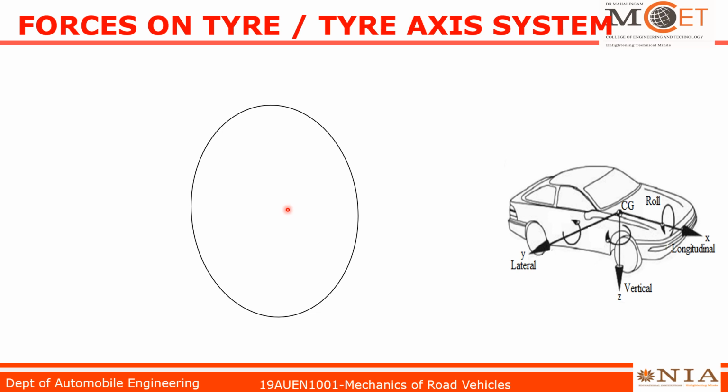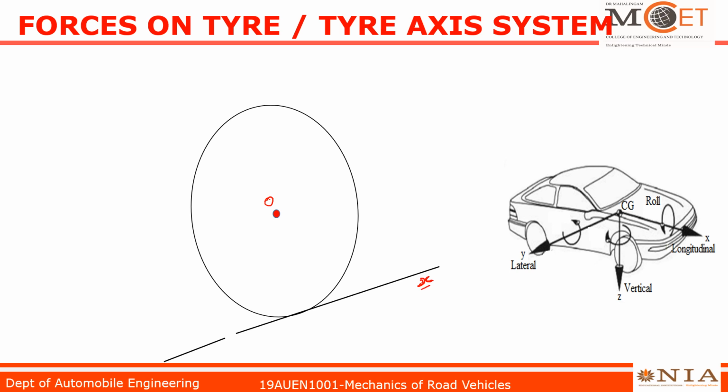Let us take the tire center point here as O. This tire is moving on the road surface. Let me take a road surface like this. I just take this road surface as the X axis, that is the longitudinal direction. You know that very well.